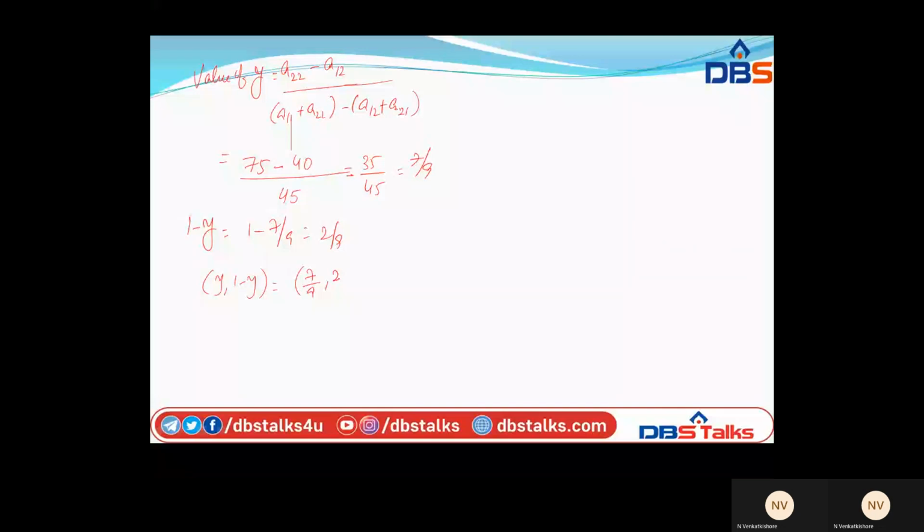After that, value of game. So this is the final answer. What is the value of game? A11 into A22 minus A12 into A21 by the denominator, which does not change. No change in the denominator.